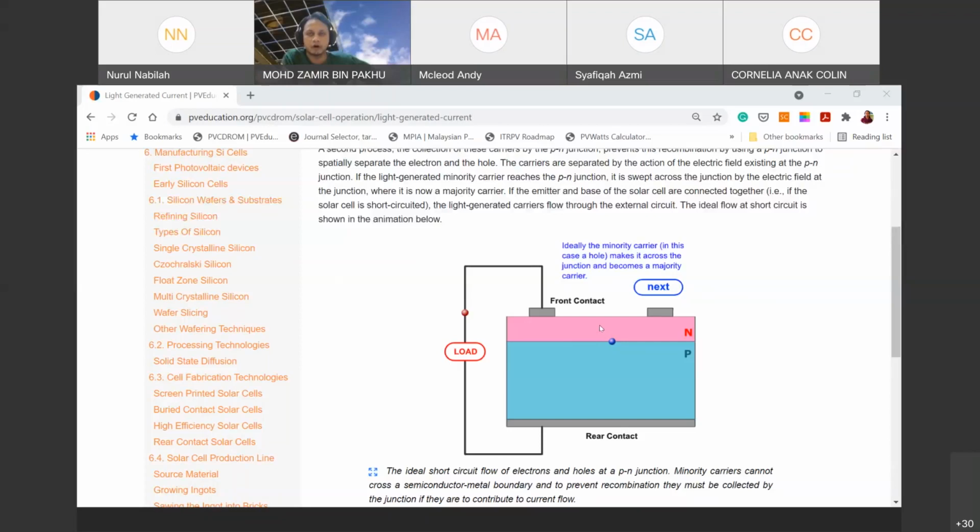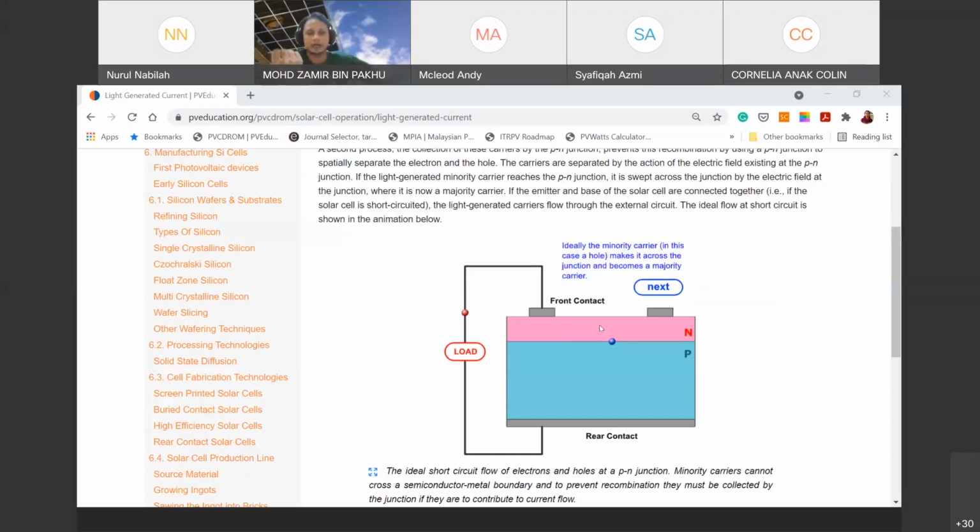Therefore, the probability of recombining with a hole is very, very low. Even though n-type also has some extent of minority carriers, which are holes, right? But the probability of recombination is much lower for a majority carrier-like electron sitting in n-type neighborhood, which are filled with electrons, okay?